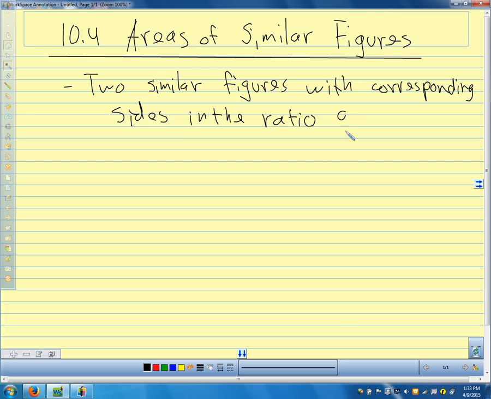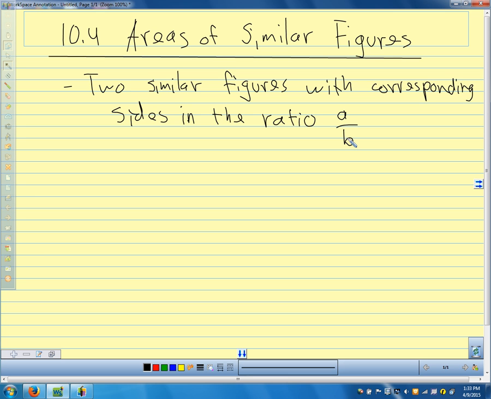And for similar figures, what was the word that we used for the ratio that we made? We also used it in dilation. The ratio we made between the sides of the two figures. So if this was 2 to 3, for example, what do we call that when we had similar figures?